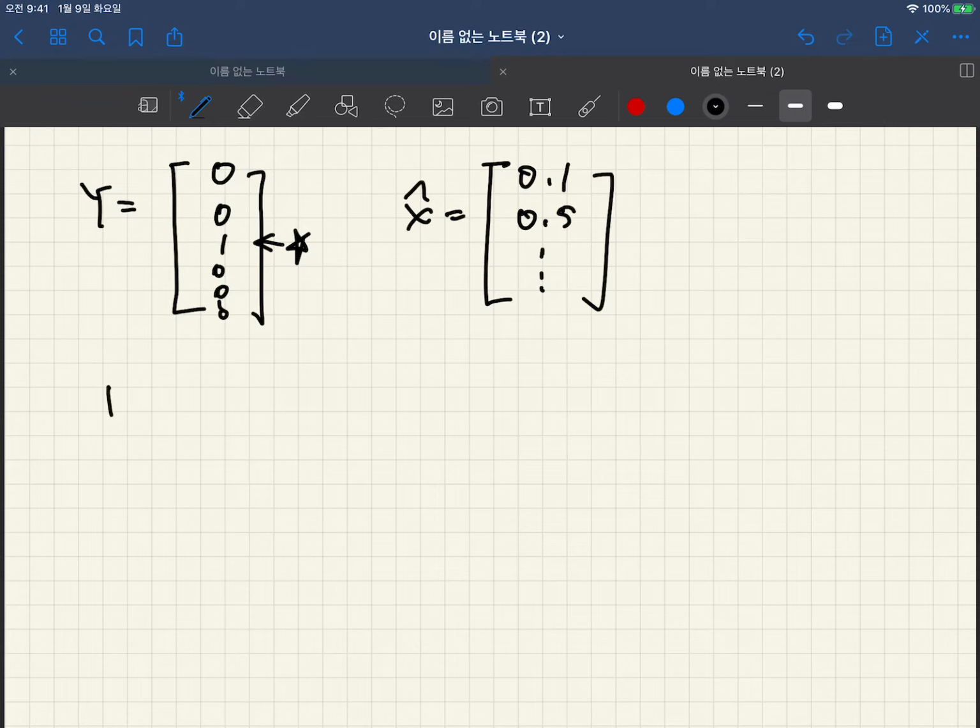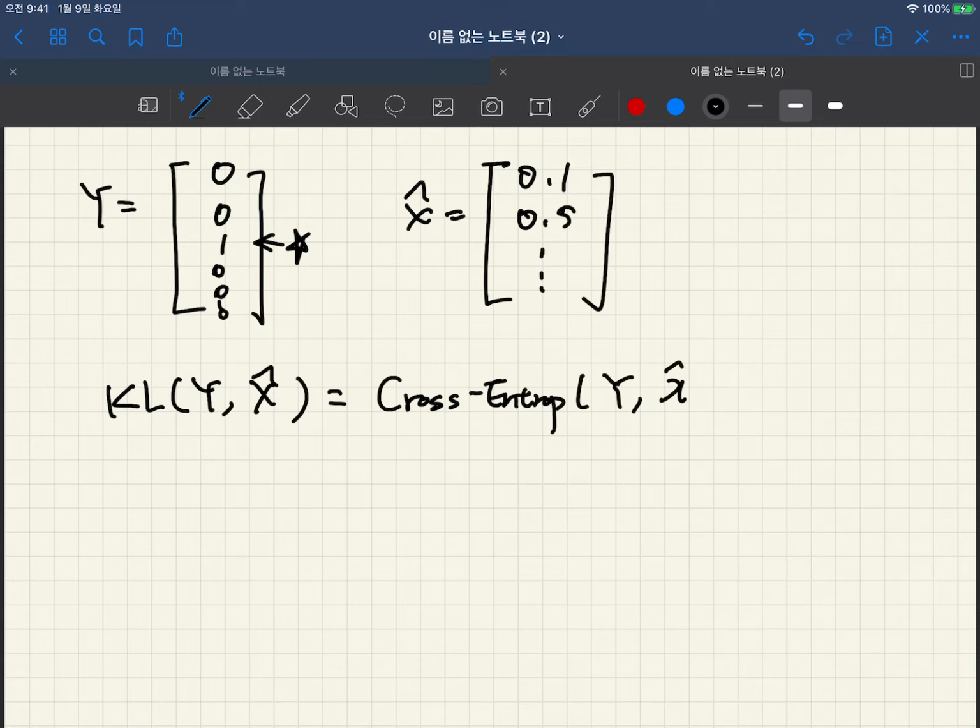Okay, then the KL divergence between y, the true vector, and x hat, our estimation, is equal to, from the definition, the cross entropy between y and x hat minus the entropy of y.